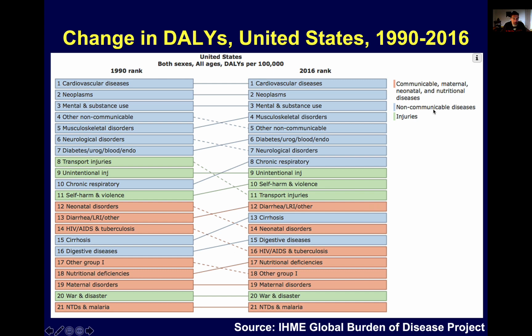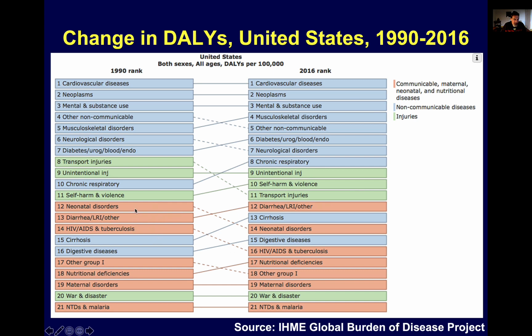The other thing that I like about this slide, which comes from the website of the Global Burden of Disease Project, is the color coding. The blue colors represent non-communicable diseases, the green colors represent injuries, and the red colored lines represent causes that are communicable or maternal, neonatal, and nutritional diseases.